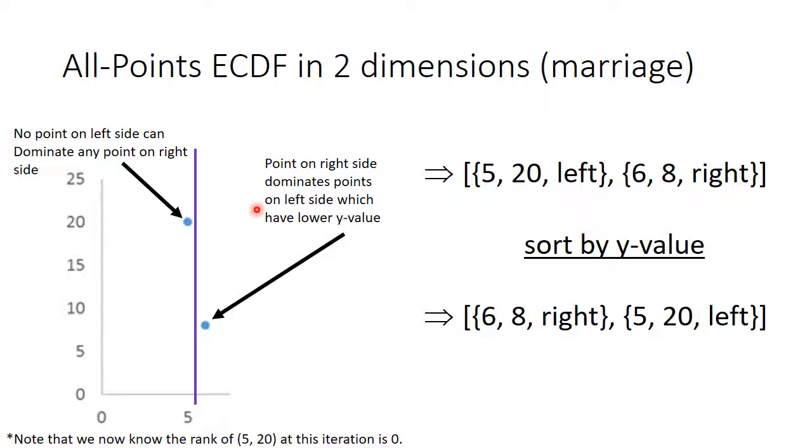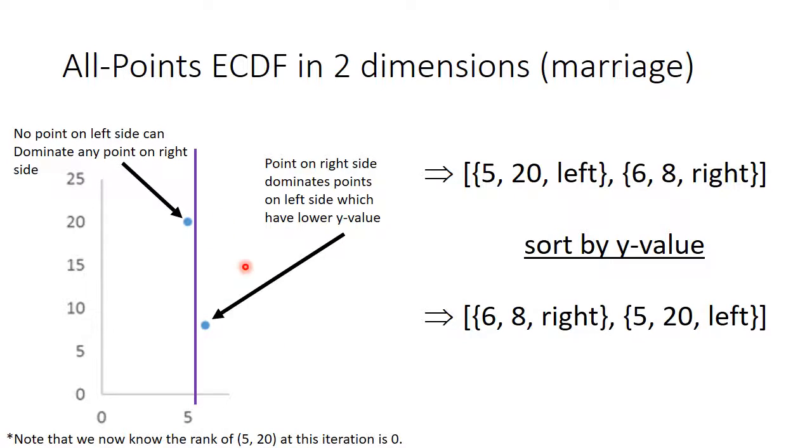And we have a very interesting observation that we can make at this point, and certainly we could have made this observation earlier, but we'll go ahead and make it now: no point on the left side, let's say in the left partition, when we draw a line at any point, any of those previous diagrams, this holds true for, a point on this side of the line can't dominate a point on this side.